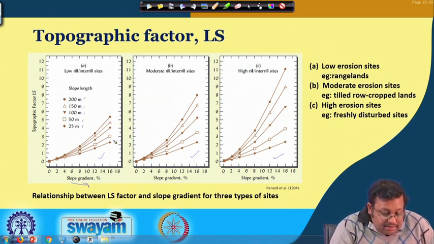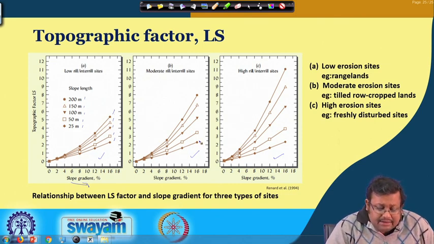So for example, it is 25 meter slope length, then 50 meter, then 100 meter, then 150 meter, and then 200 meter. So it is quite expected. Similarly here you can see it is for 25 meter, 50 meter, 100 meter, 150 meter and 200 meter.